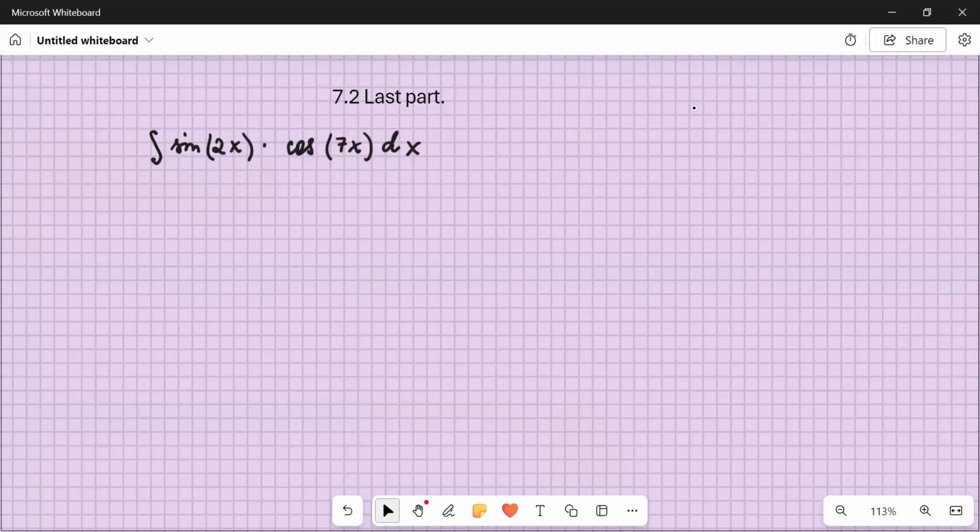Well, guys, you probably remember somewhere in trigonometry, we learned some formulas. Let me remind you what kind of formulas. You probably remember the formula sine of x plus y equals sine of x times cosine of y plus cosine of x times sine of y.